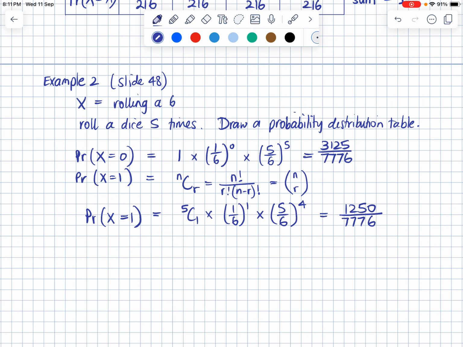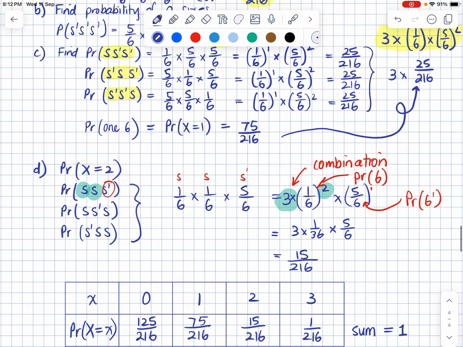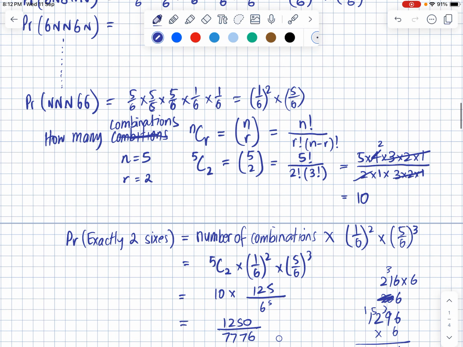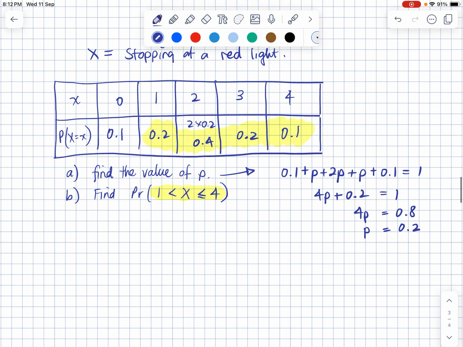How did I get there? Actually, I have a feeling that I got that wrong. Let me do the quick calculation instead. 5C1 is equal to 5 times 1/6 times 625 over, I think 6 times 6 times 6. I've actually got it up here in my earlier notes. Let me try and find 1,296.